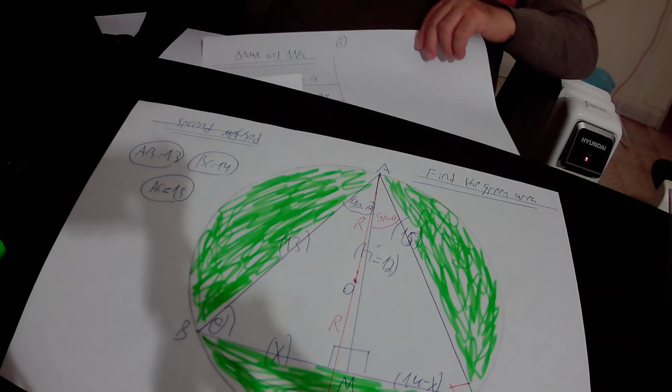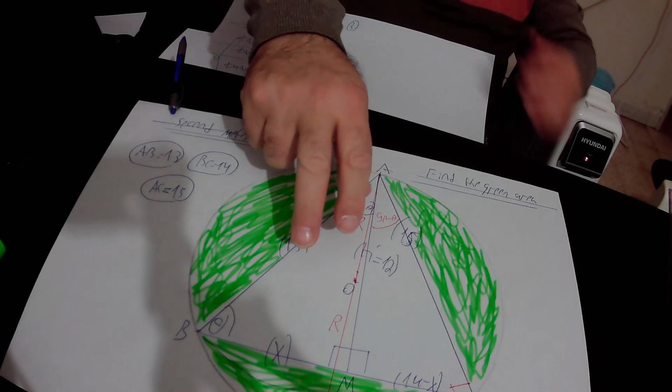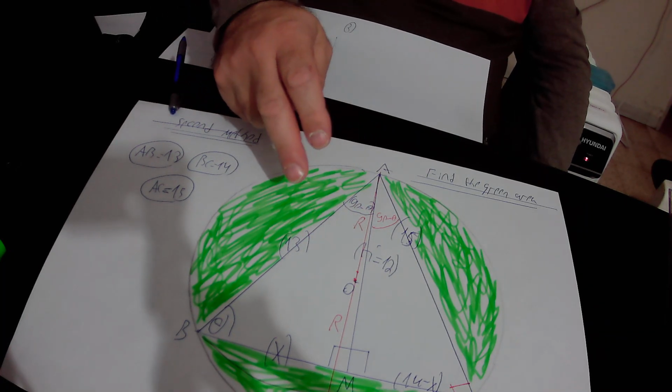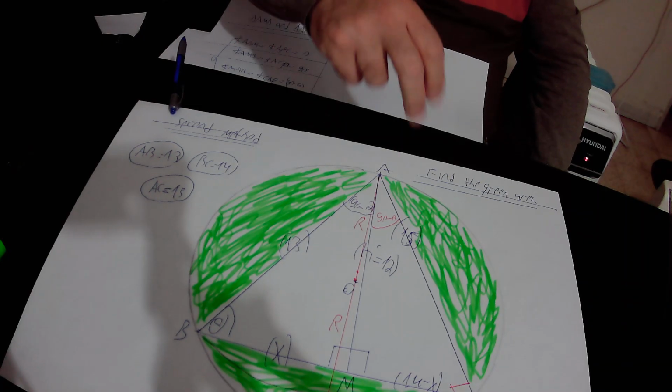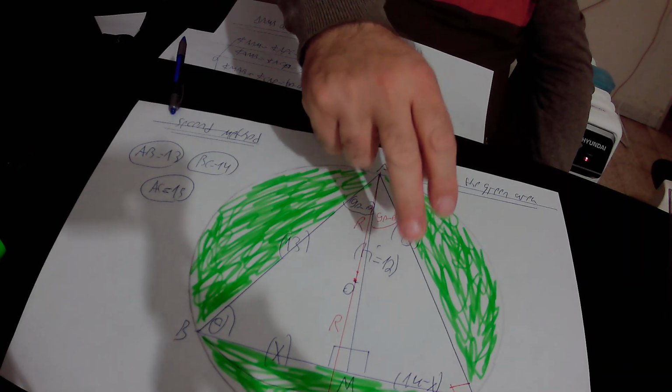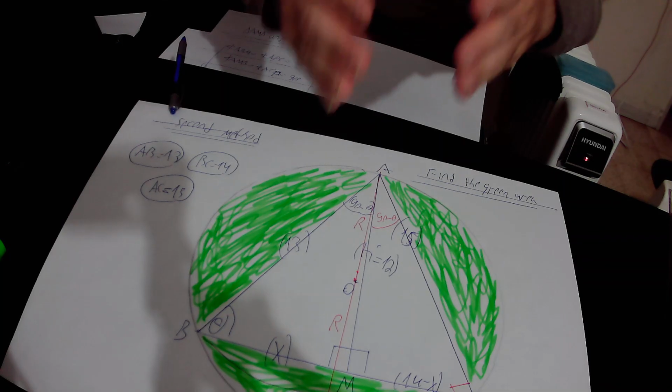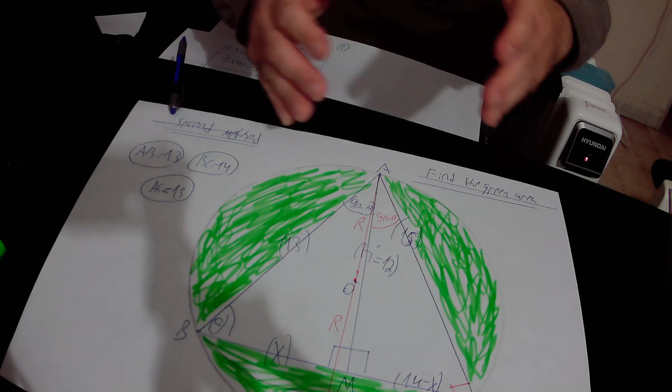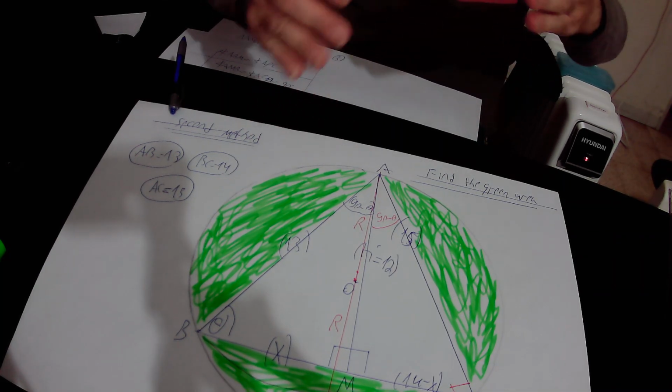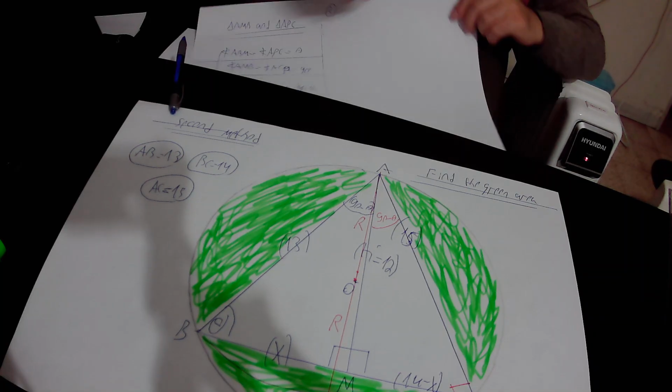So we actually proved that all the three angles in this triangle ABM are correspondingly equal to all the three angles in this triangle APC. Therefore we actually proved that those two right triangles are similar to each other according to the angle similarity rule. So I'll write it down.